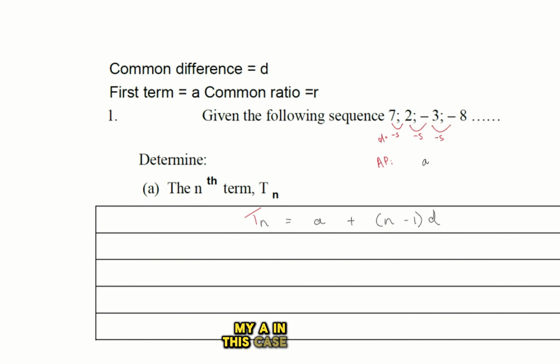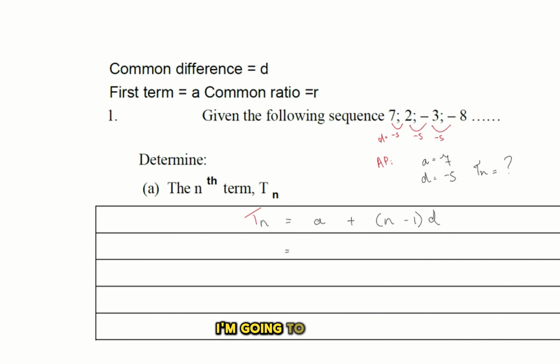My a in this case is 7, my d is -5, and the question asks me to determine Tn. So that is everything I need for this formula.